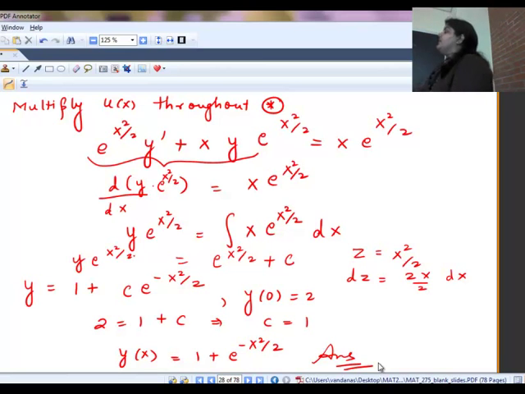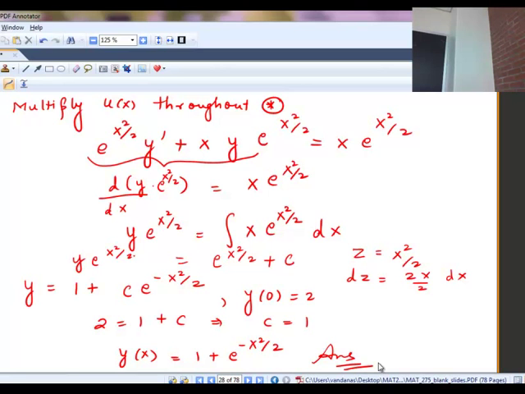Where did I get this? Because I divided this whole equation here by e to the power x square over 2. So this gets cancelled, here got cancelled, and c times e to the power minus x square over 2 will come, because of dividing this whole equation.